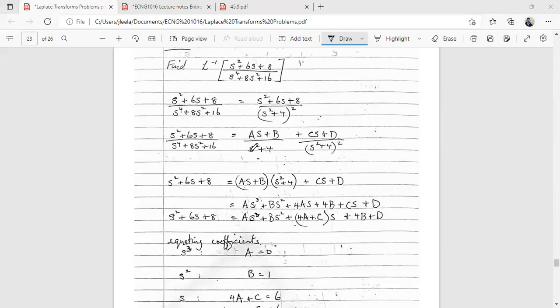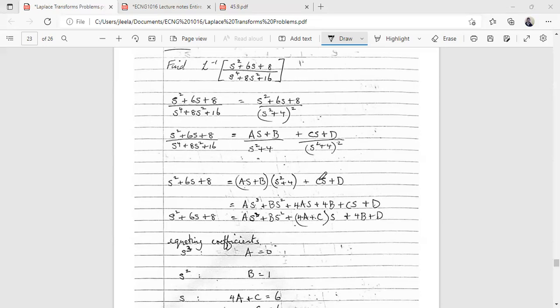So you have to write as plus b over s squared plus 4 and cs plus d over s squared plus 4 squared. And the usual step here, you multiply throughout, right, by s squared plus 4 squared. So if you multiply throughout by s squared plus 4 squared, you will get s squared plus 6s plus 8. One of the s squared plus 4 will cancel, so you'll get as plus b into s squared plus 4.